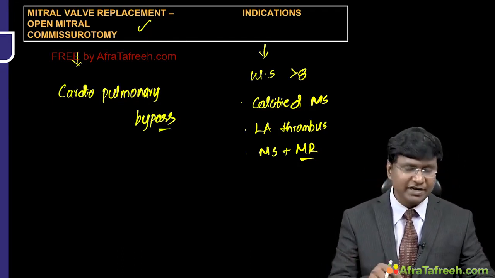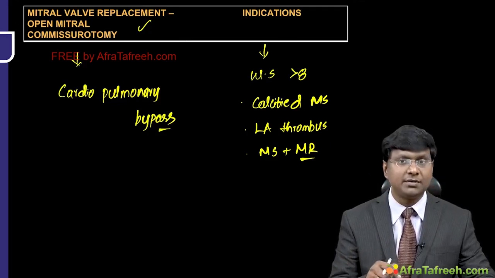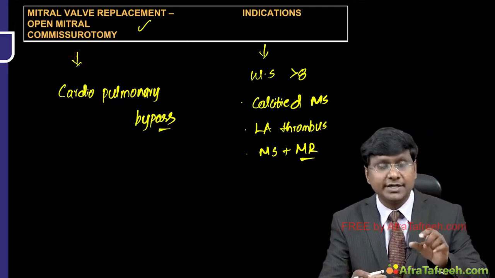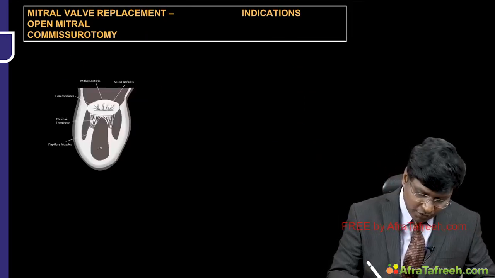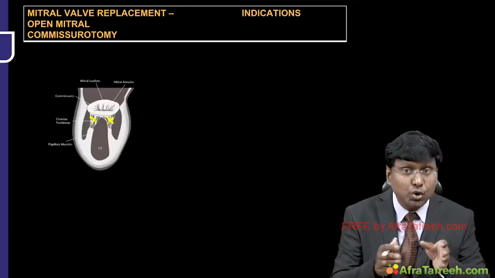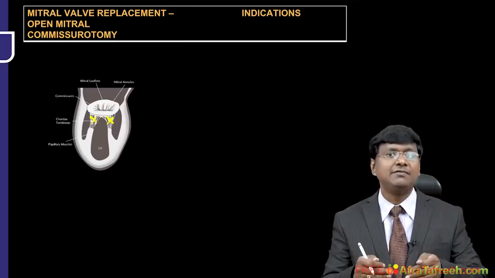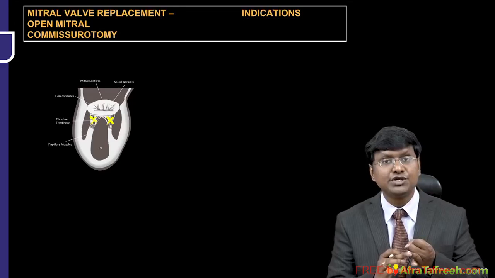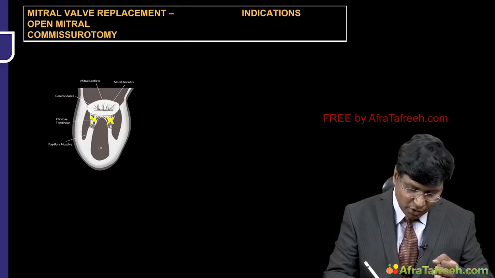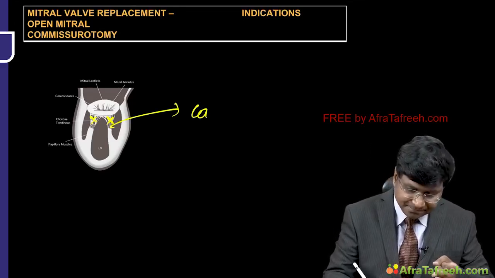Whenever you are doing this open mitral commissurotomy, you need to concentrate not only on the mitral valve leaflets. You also need to loosen the subvalvular fusions, if there is any fusion in the chordae tendineae or in the papillary muscles, and you also need to remove the calcium.